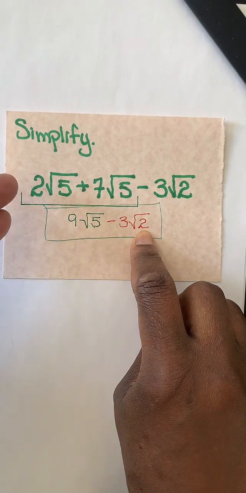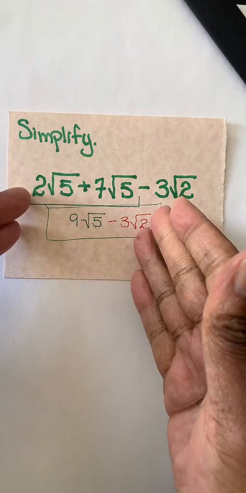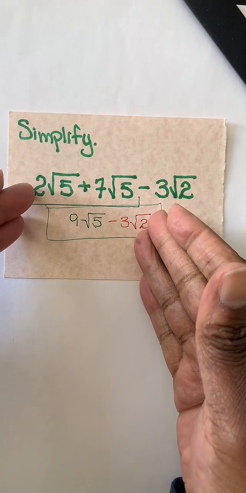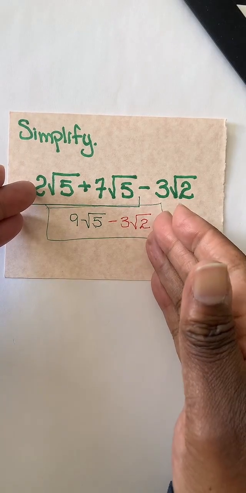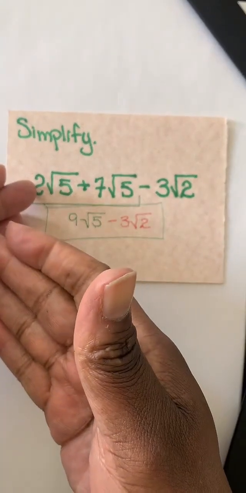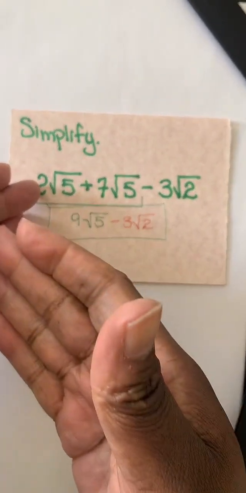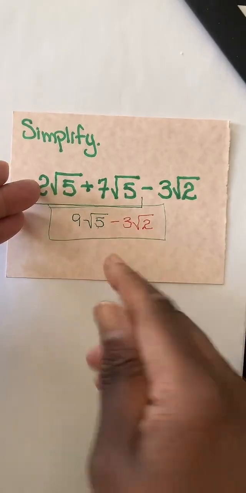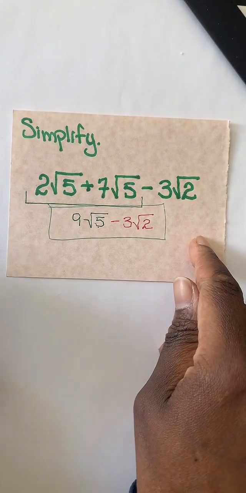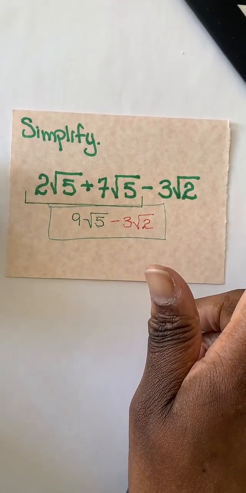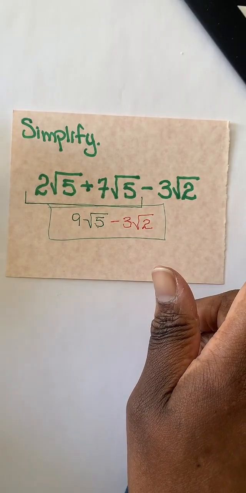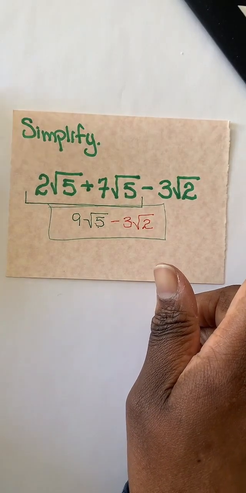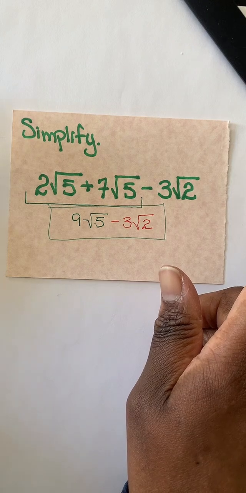If I have vanilla wafers on one side and chocolate chip cookies on the other side, how can I take 3 chocolate chip cookies away from 9 vanilla wafers? Not the same kind of cookie. Still delicious, no nutritional value whatsoever.